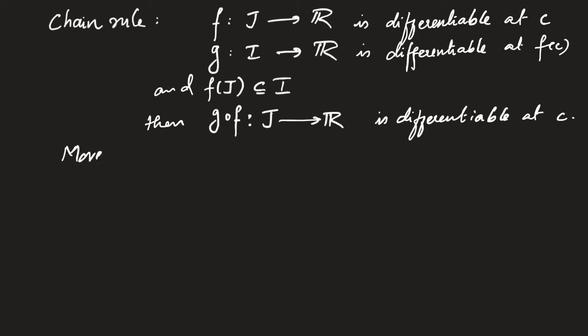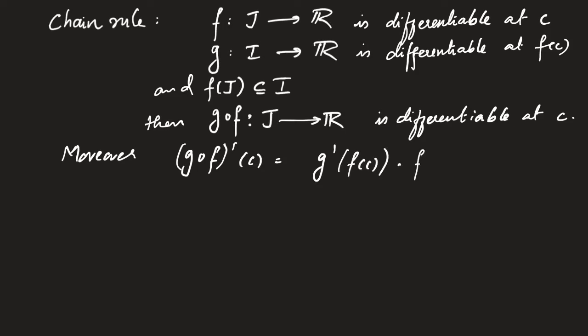Moreover, the derivative of g composed with f at c is equal to the derivative of g at f of c into the derivative of f at c. So it's not just differentiable, we can also explicitly calculate the derivative using this formula.